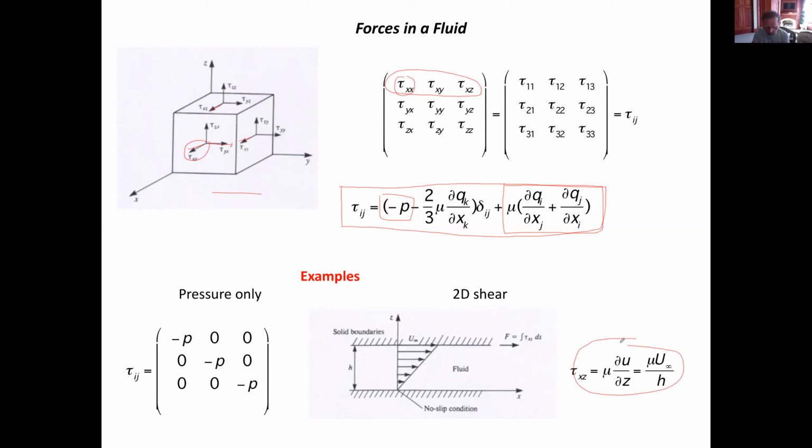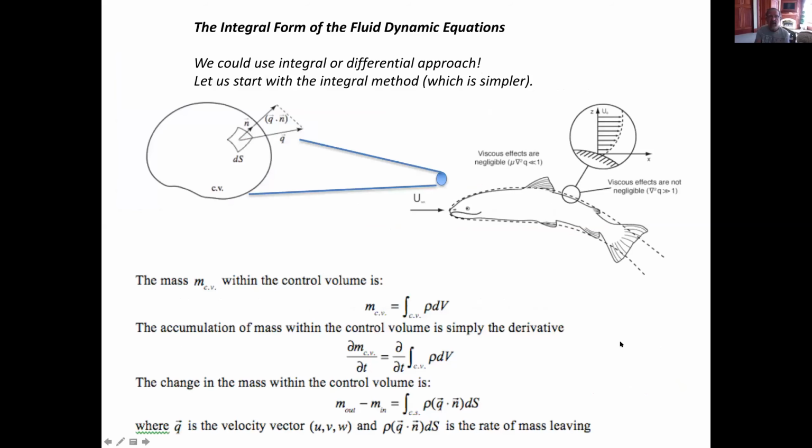Okay, so let's go to the next one. So far I discussed forces and coordinate systems, and I tried to convince you that the control volume approach makes more sense.